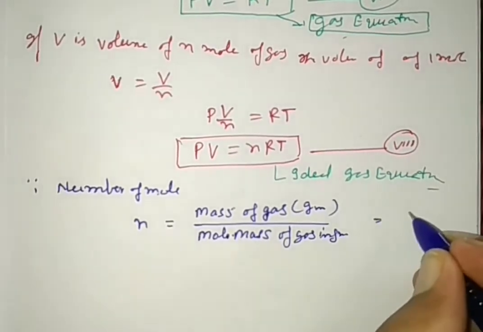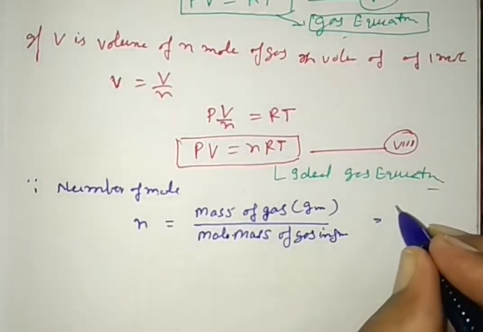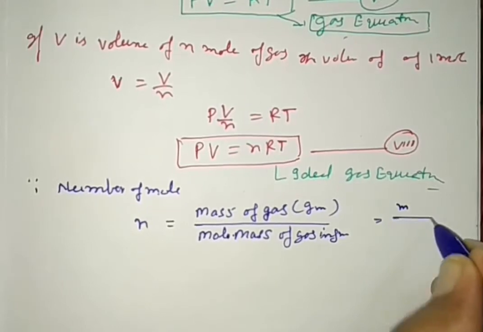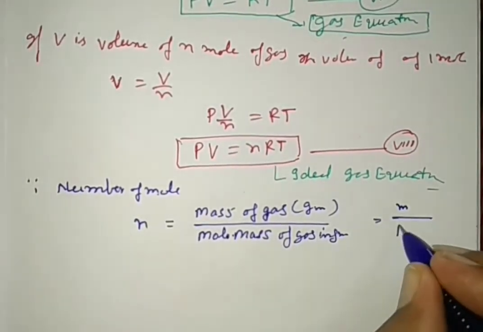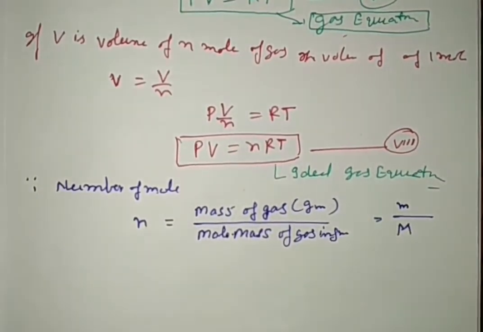So if the mass of gas in gram is represented by small m, the molecular weight is given by capital M here.